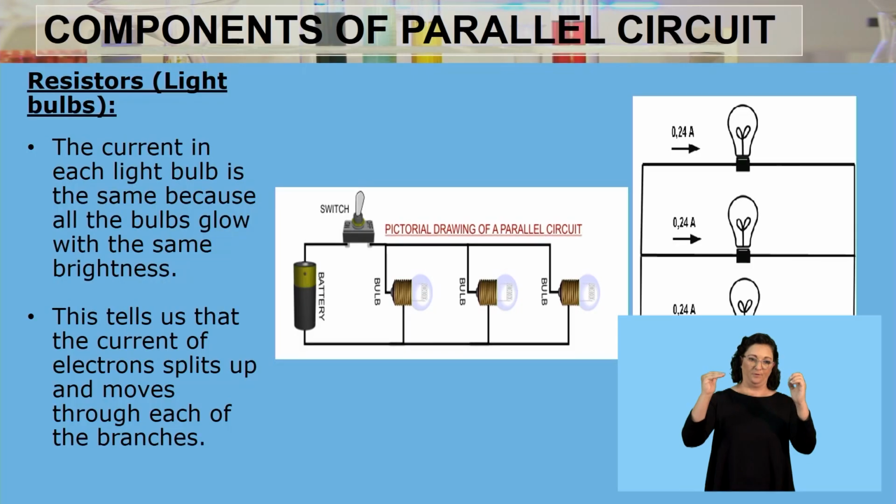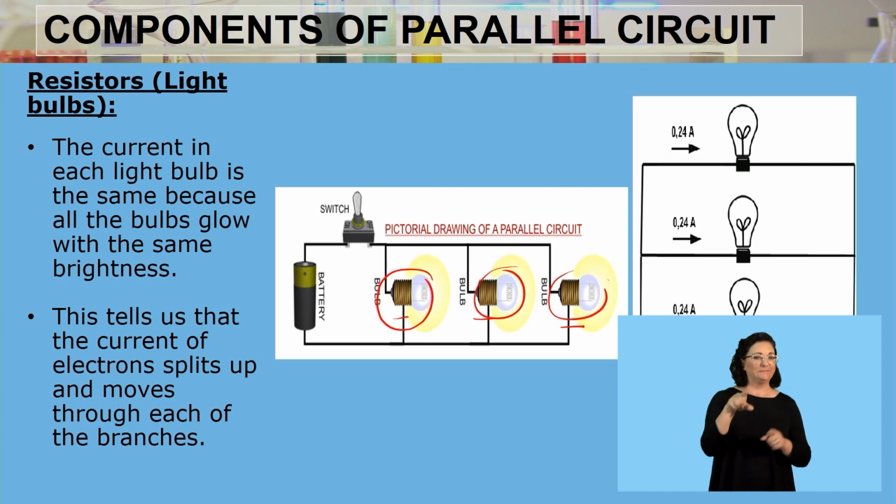In addition, the current in each light bulb is the same because all the bulbs glow with the same brightness. So the brightness on each of these bulbs is going to be the same. This is assuming that the light bulbs all have the same resistance. So each of these light bulbs will have the same resistance, and that means the current passing through those light bulbs is going to be the same.